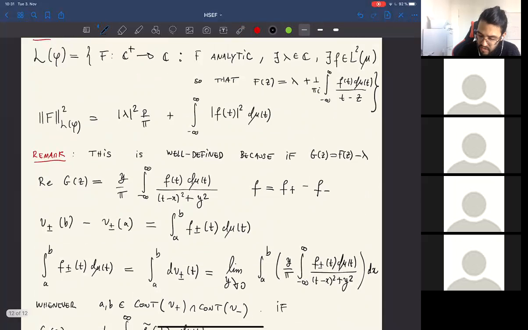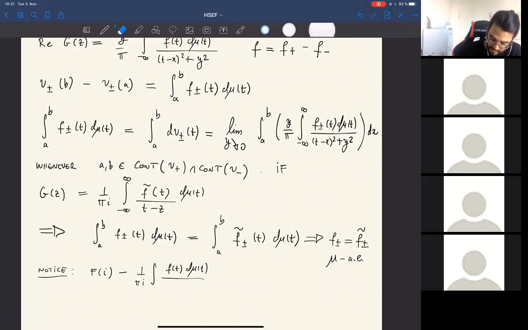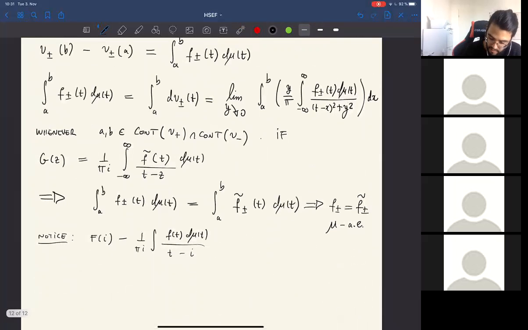Oh no, so it's just t minus i, sorry. Yes, so this equals lambda, for instance. So lambda depends on just capital F and the small f. So if they are the same, then the lambda is the same. Okay. So everything is well defined. Any questions here?